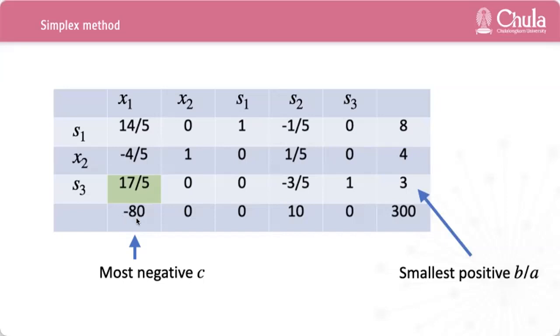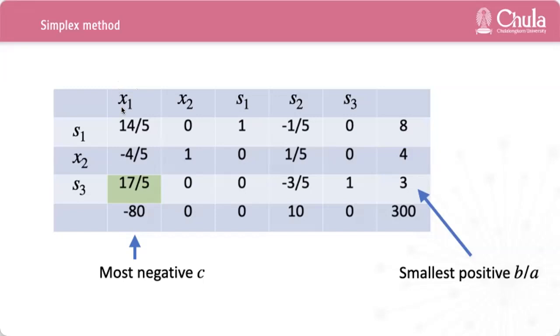Now x1 is 0, right? Once x1 changes from 0 to 1, the value of objective function will be reduced by 80. Is it clear? Okay, so we consider x1 to be our basic variable in the next step.